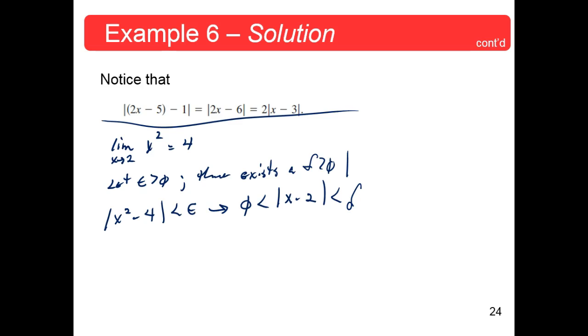Now, I don't know if you followed from what we were doing before. You want to manipulate this to get it to look like that, right?